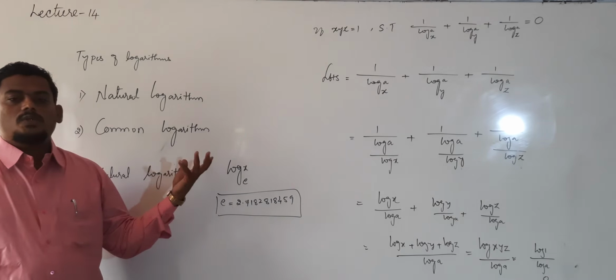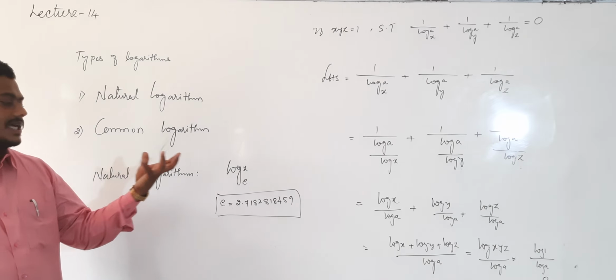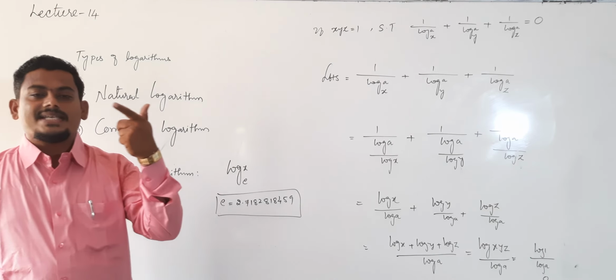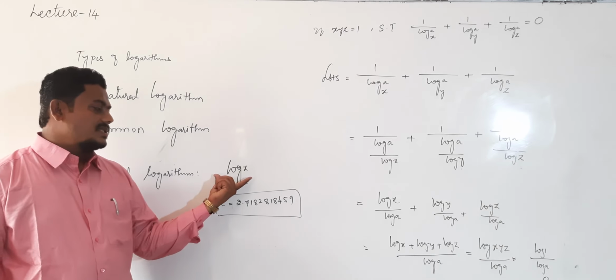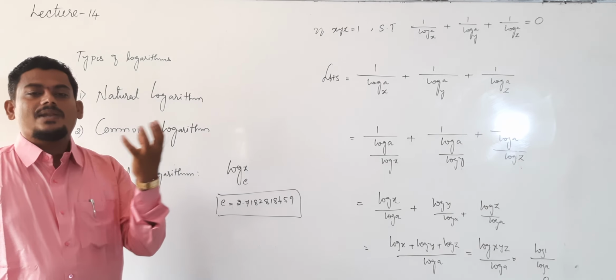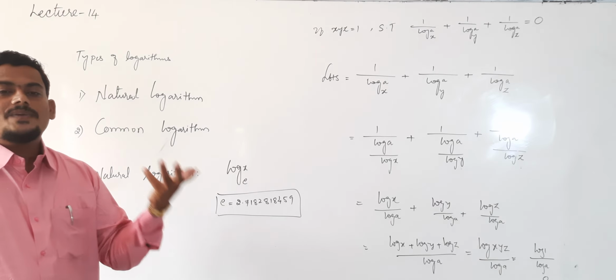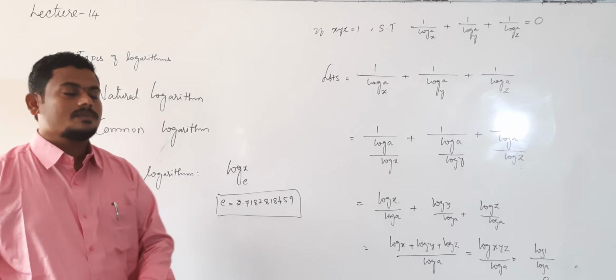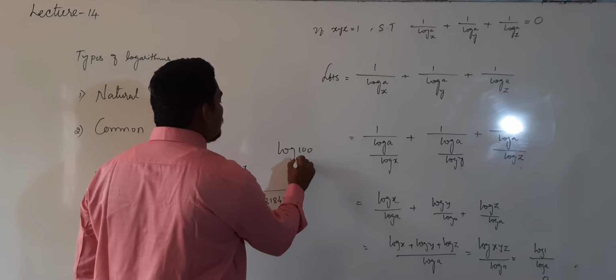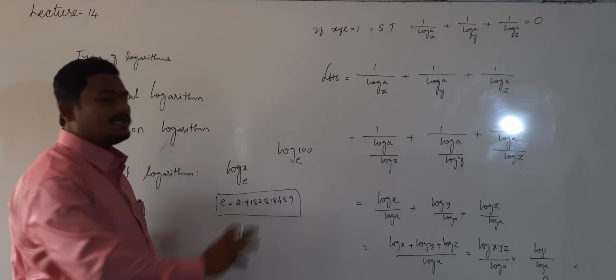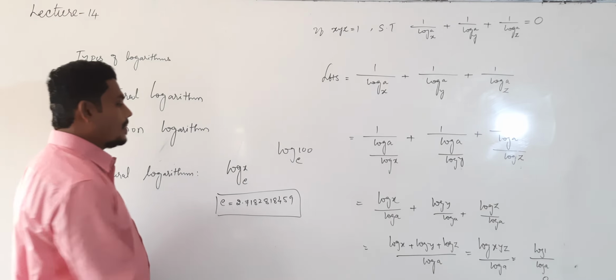The logarithm to the base e is called natural logarithm. Suppose the base of any logarithm is e, then we can say that it is natural logarithm. Log 100 to the base e, here it is natural logarithm.